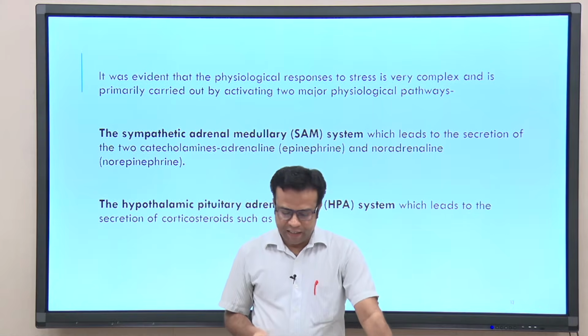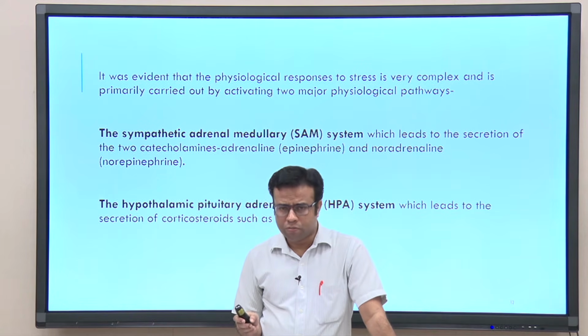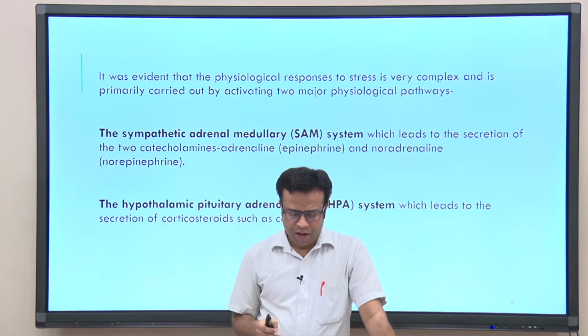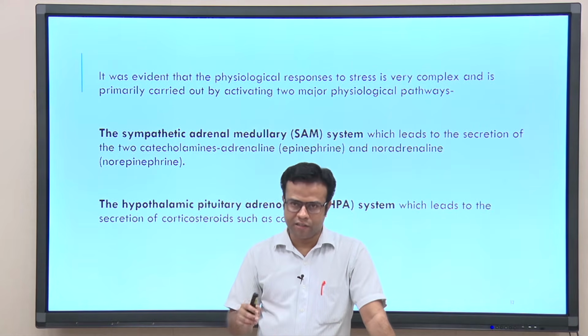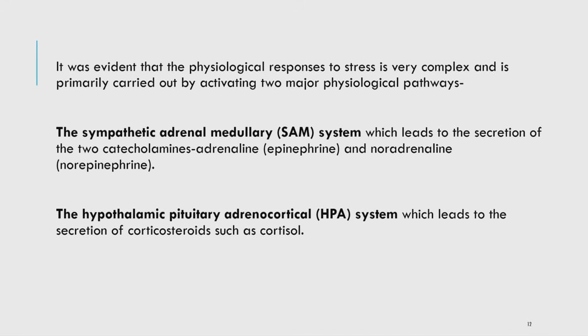Now, it is evident that the physiological response to stress is very complex and we do not know everything about it, but what we understand is that it is primarily done by two pathways. One is the SAM system and one is the HPA system, and both systems end up releasing hormones such as adrenaline, noradrenaline, cortisol, etc. This is the primary physiological mechanism.